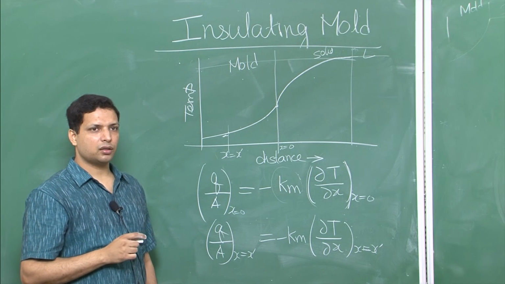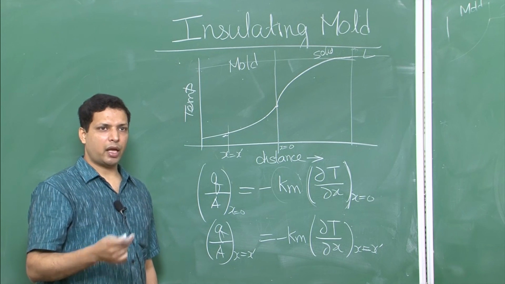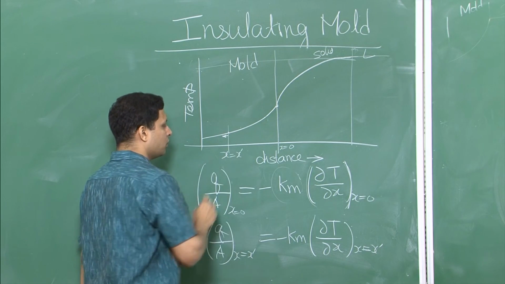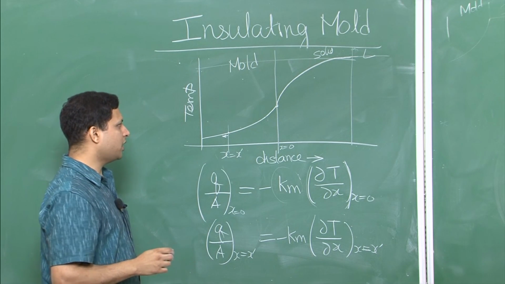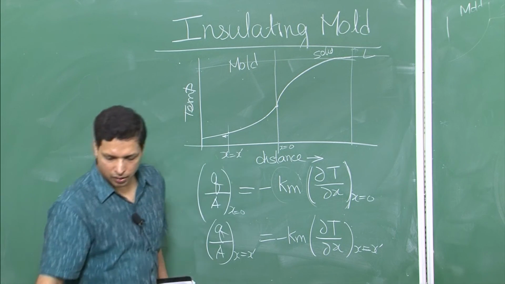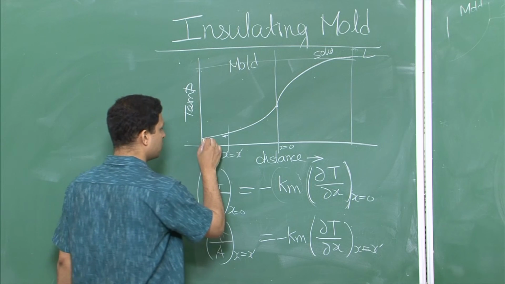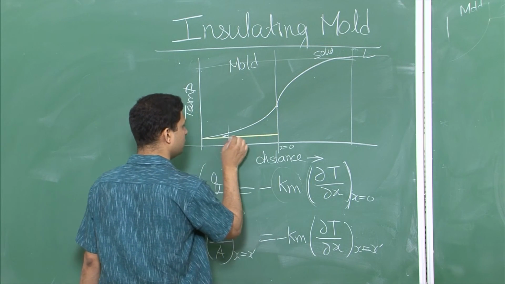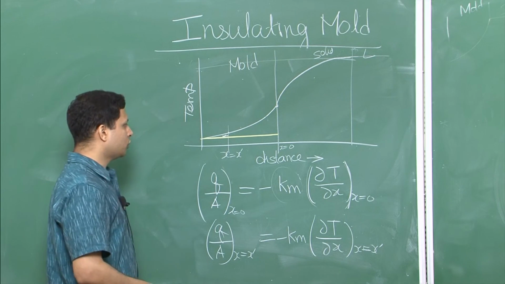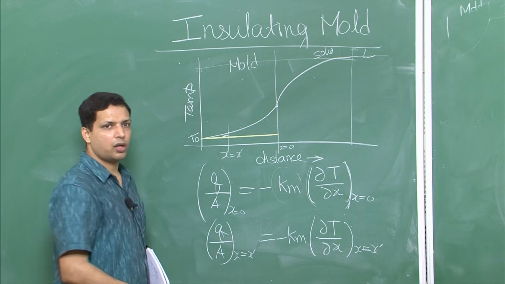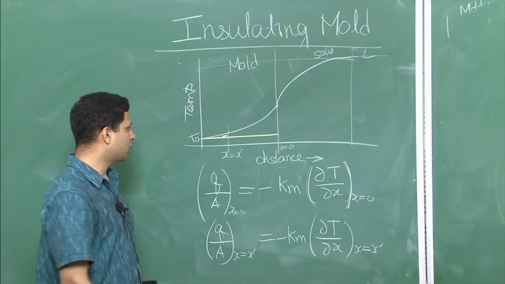Now it looks like some magic is going on over here, but it is not really magic. What you have to realize is what the initial condition of the mold was, and let me again draw this. So this was the initial condition of the mold, that is, it was all at temperature T naught.